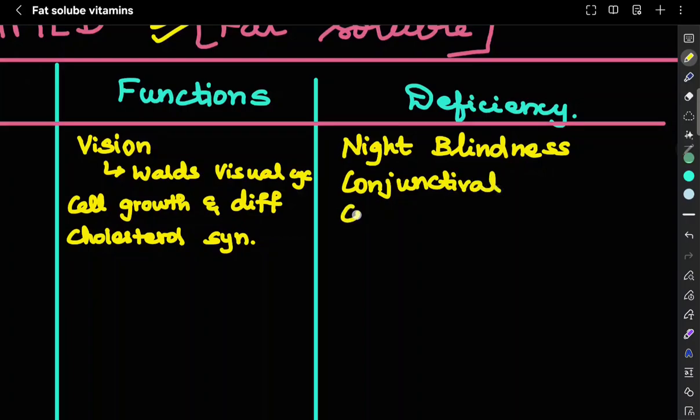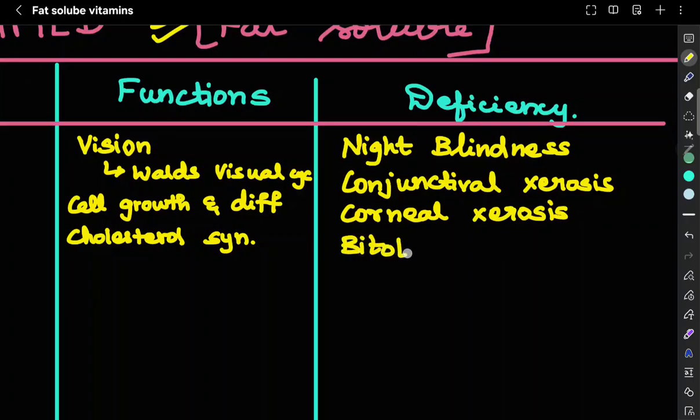Conjunctival, corneal xerosis. Then we have Bitot spots. So these Bitot spots are white colored spots in the eyes. Okay.